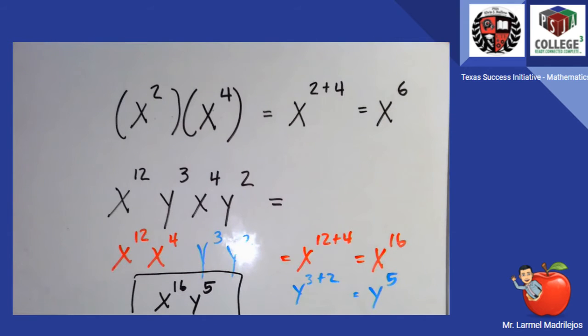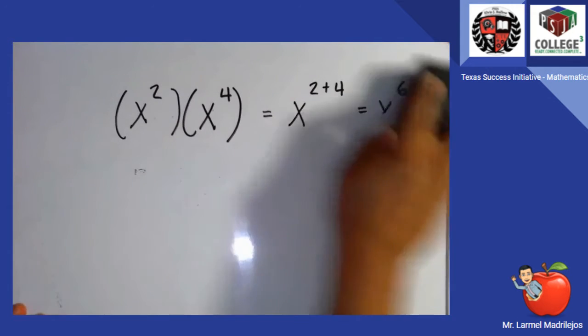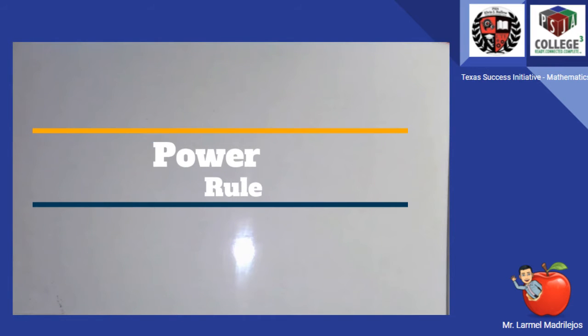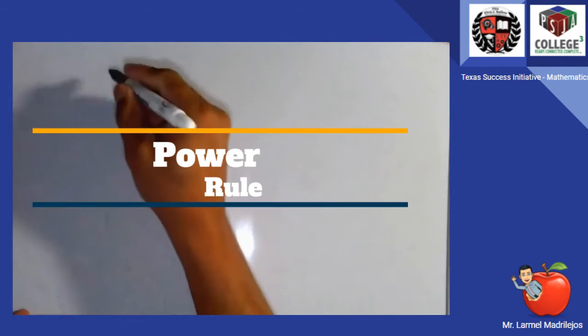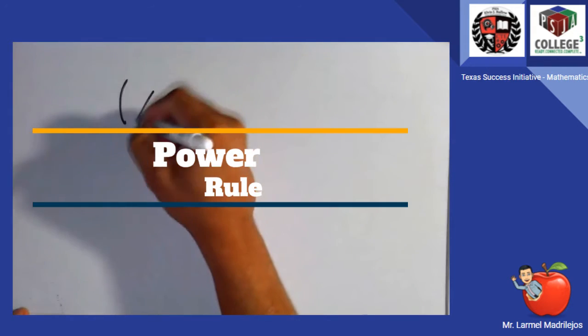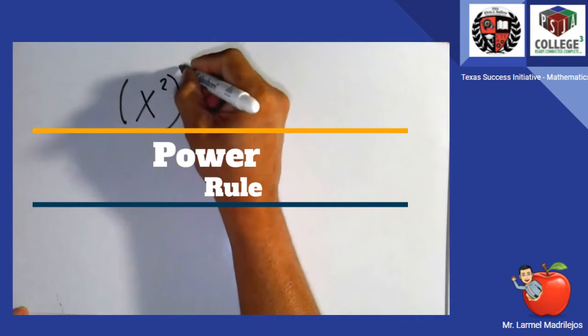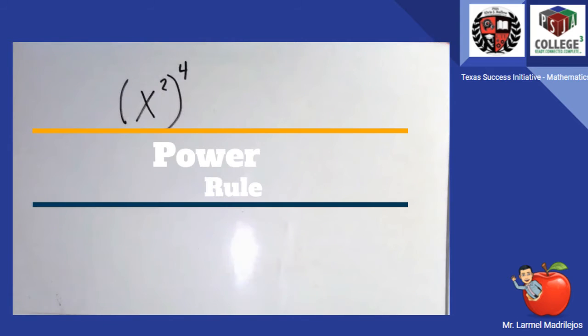This is the product rule. Next is the power rule. Okay, product rule and power rule look confusing. In the power rule, for example, x raised to 2, raised to 4.